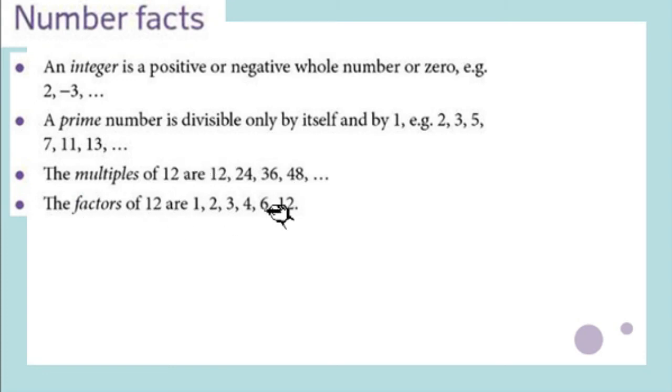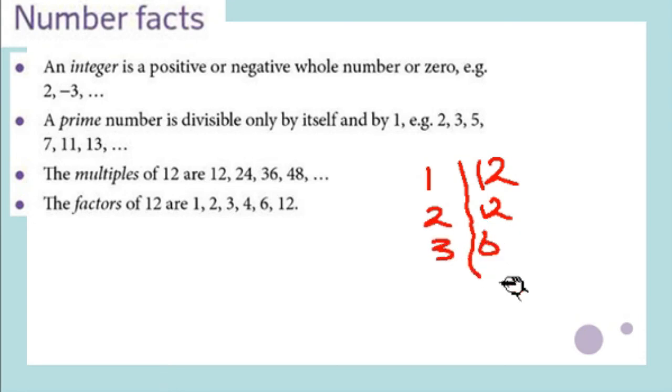What does it mean, factors? If you want to find the factors of a number, you do the same. You put 12 here. Start with 1. 12 divided by 1 equals 12. 2: 12 divided by 2 equals 6. 6 divided by 3 equals 2. 2 divided by 2 equals 1.